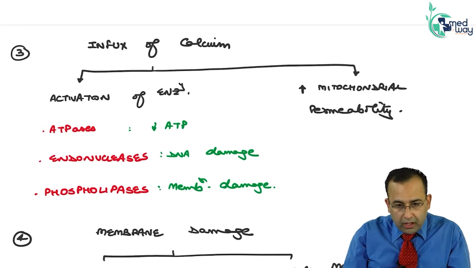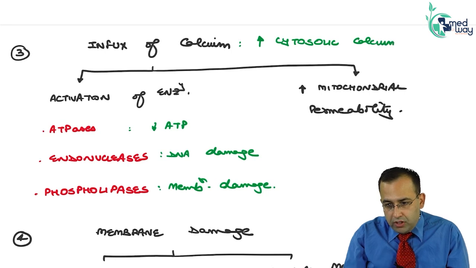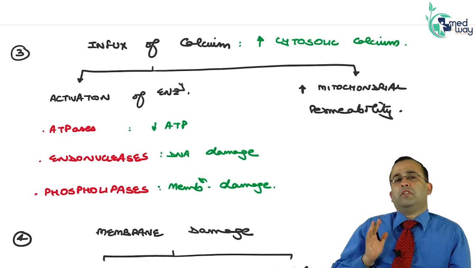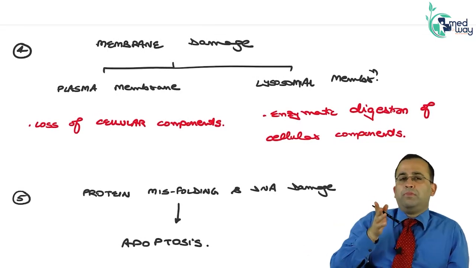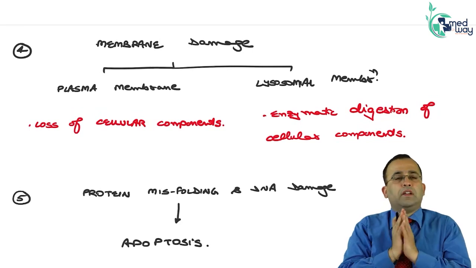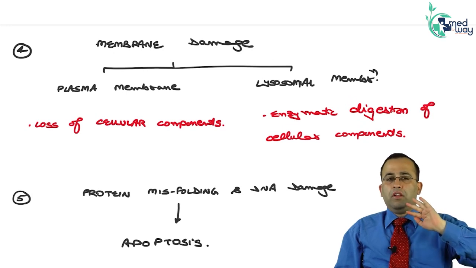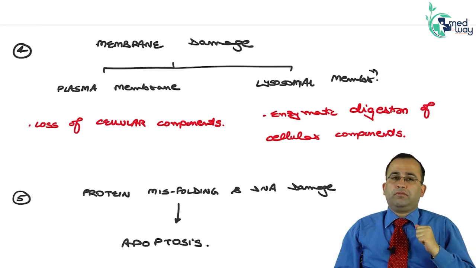Influx of calcium means cytoplasmic calcium is increasing, which in turn activates numerous enzymes as well as increases mitochondrial permeability. Membrane damage is divided into two parts, plasma membrane damage versus lysosomal membrane damage, and lastly protein misfolding and DNA damage activating apoptosis. These are the biochemical mechanisms of cell injury.